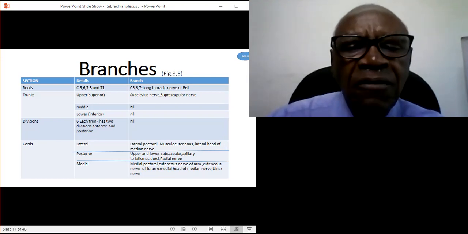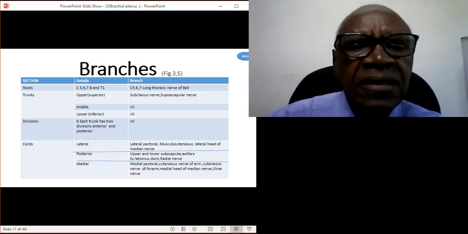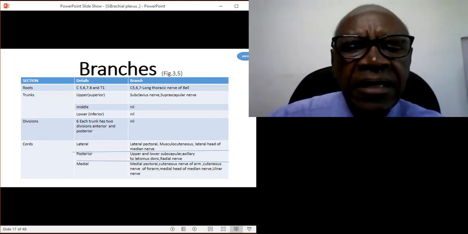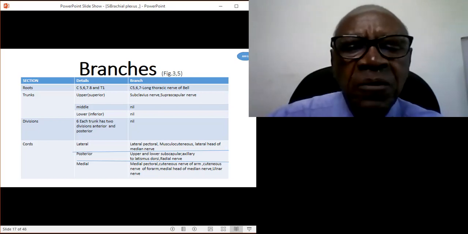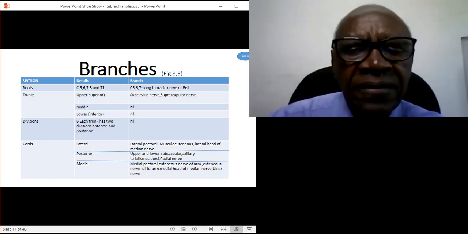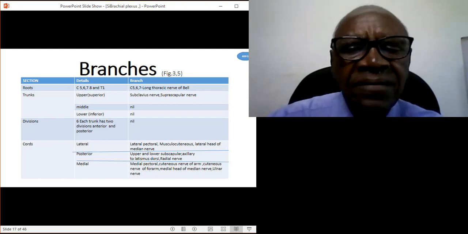The cords have many branches. Lateral cord gives the lateral pectoral nerve, musculocutaneous nerve, and the lateral head of the median nerve. Posterior cord gives the upper and the lower subscapular nerves, the axillary nerve, the nerve to latissimus dorsi, and the radial nerve.